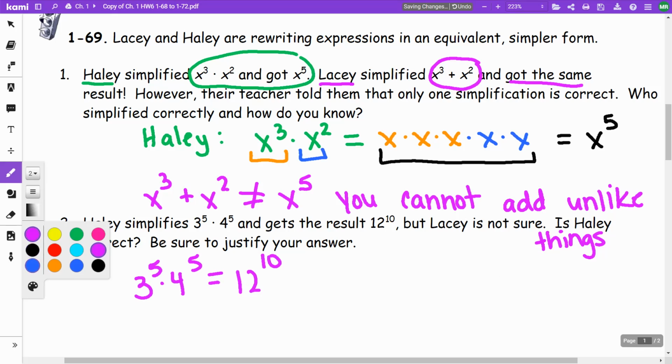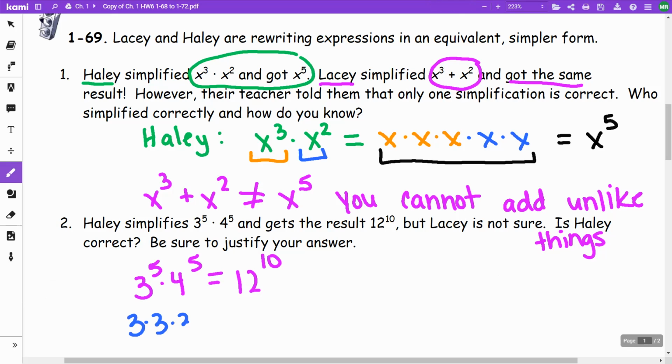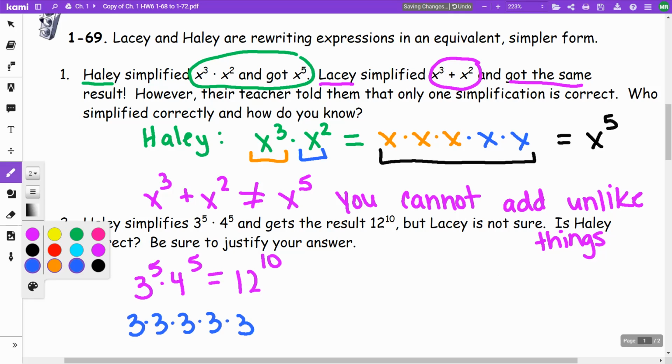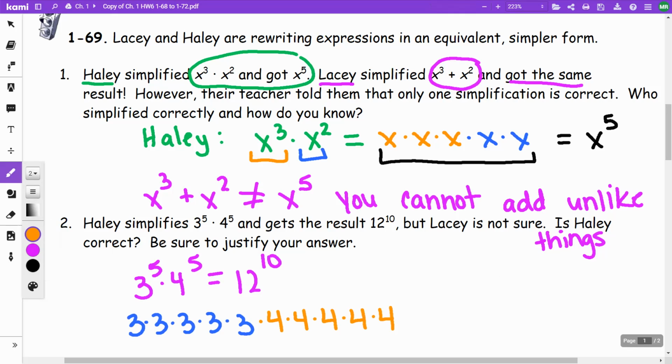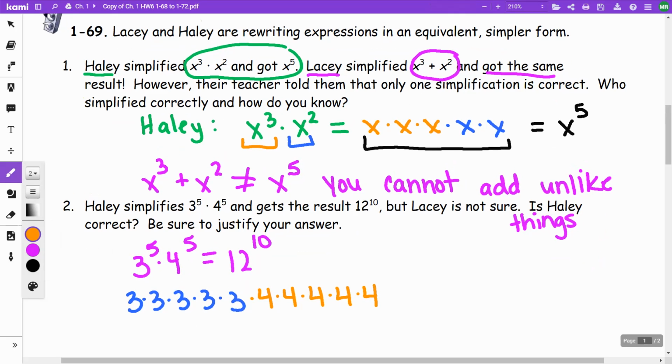Okay. Well, 3 to the 5th times 4 to the 5th, I would have 1, 2, 3, 4, 5 threes. I would have 1, 2, 3, 4, 5 fours. Now, what's going to happen here is every one of these, this 3 and 4 is going to be a 12.